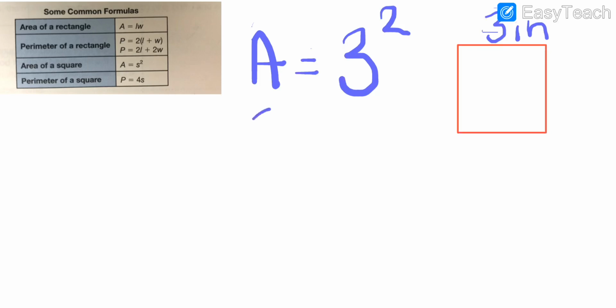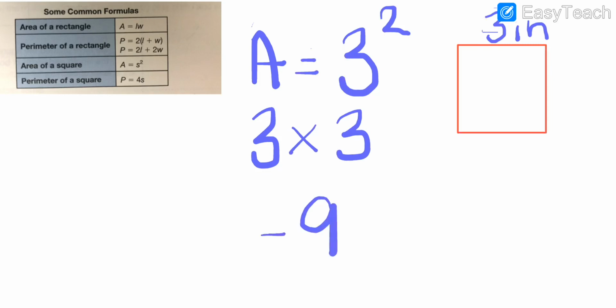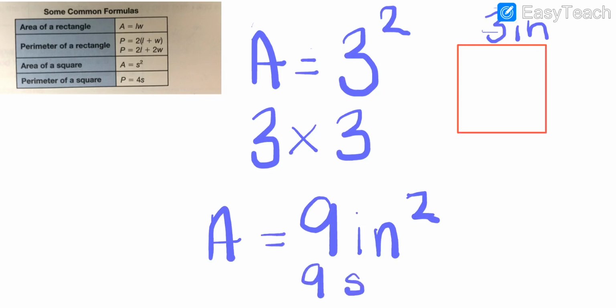Remember that 3 squared is the same as saying 3 times 3, which is 9. So my area would equal 9 inches squared, and we always put squared when we're talking about area. You could also say 9 square inches if you wanted to. It would mean the same thing.